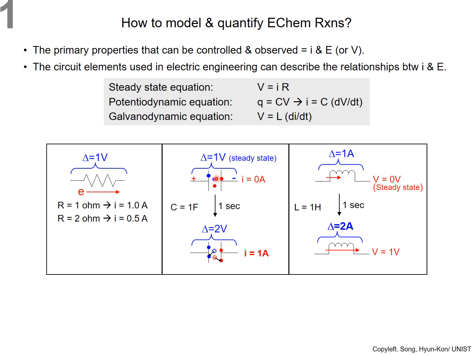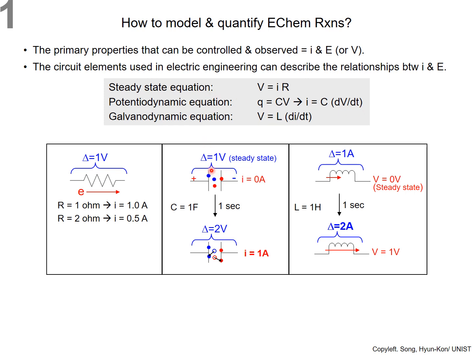At the steady state, I mean enough time after I have applied a potential to the capacitor, current is not flowing. It means current is 0, because we need the potential to change with time. At the steady state, applying a potential, the current is 0.